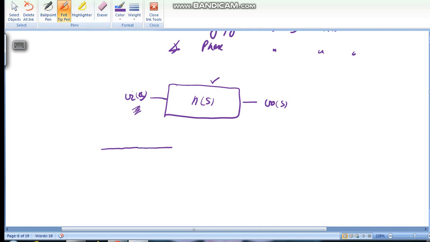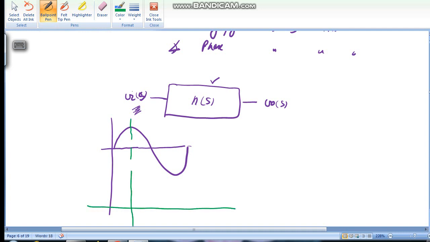Suppose you are giving some input signal, and you are getting some output signal like this.